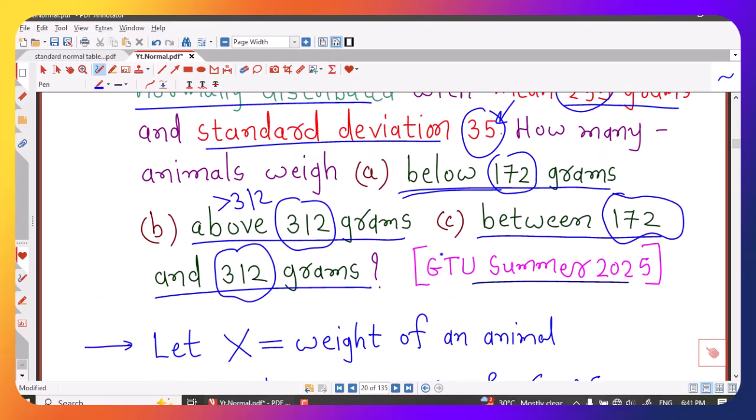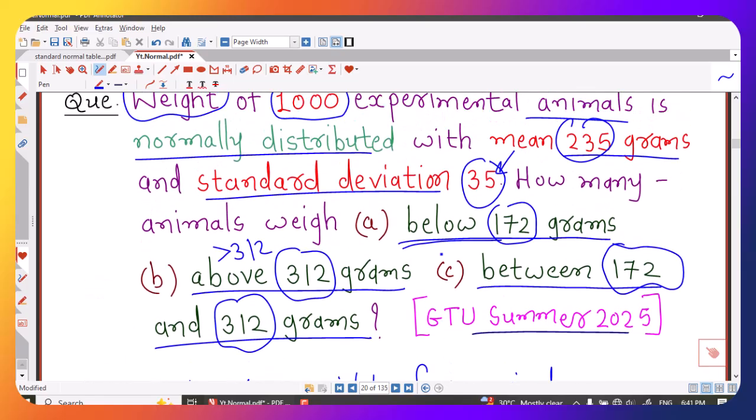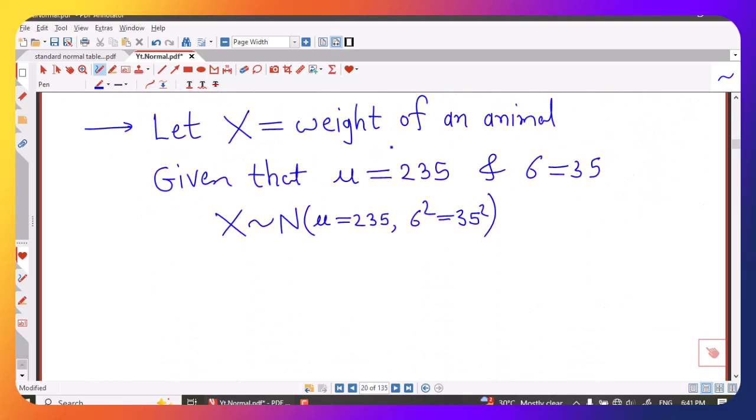And using this information, I have to first find out the probability that animal has weight which is less than 172 grams. So first I will calculate the probability that weight of an animal is less than 172. I will calculate this probability for part A, and to determine the number of animals having weight below 172 grams, I will multiply this probability by number of animals, which is 1000.